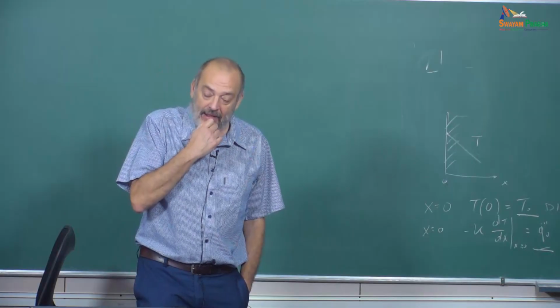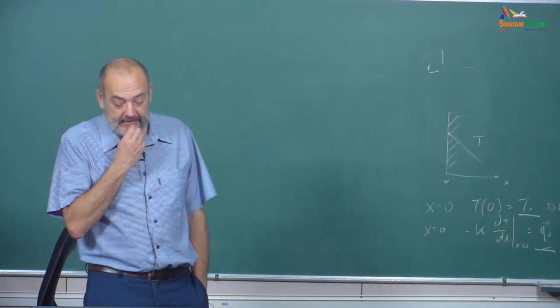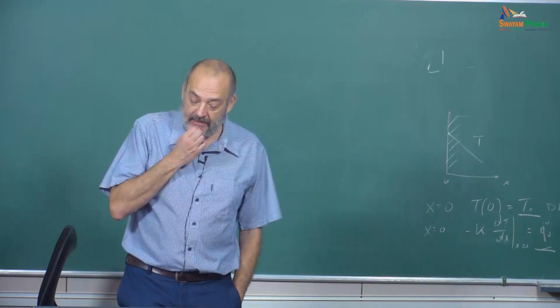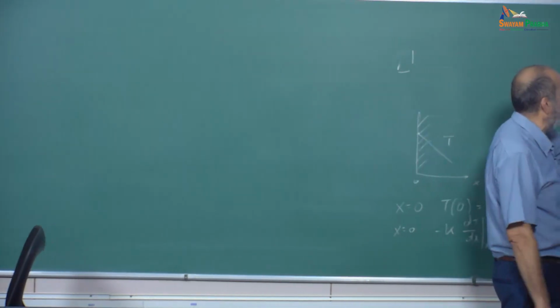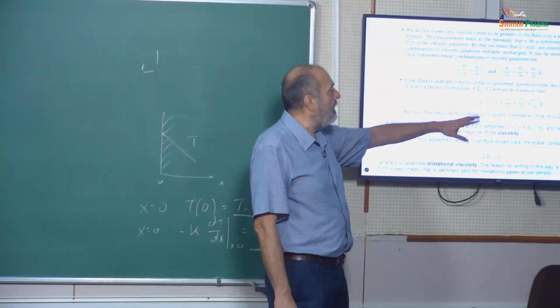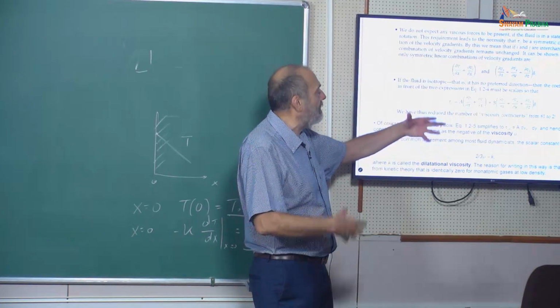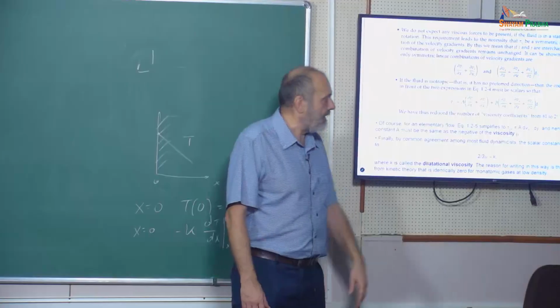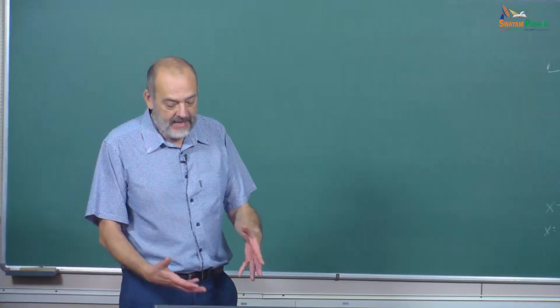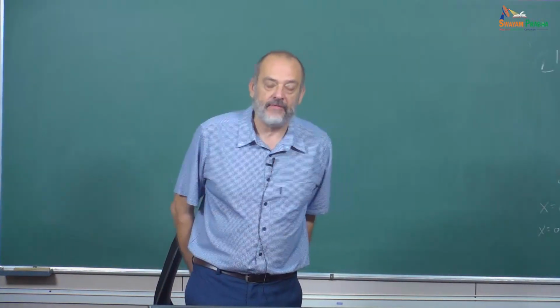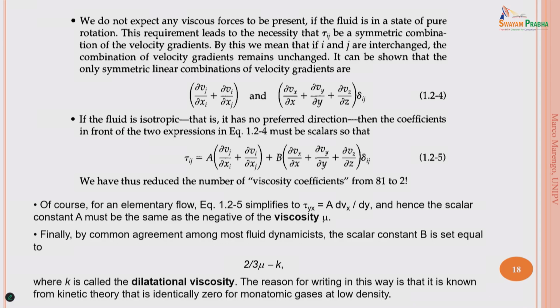So at the end, when the fluid is isotropic, all the components are reduced, and then we are landing with this expression, which is quite important, saying that shear stresses equal a value A multiplied by dvj dxi plus dvi dxj, plus B multiplied by the divergence of the velocity, and multiplied by delta ij. So we reduce the number of viscosity coefficients from 81 to 2, which is a good bargain.